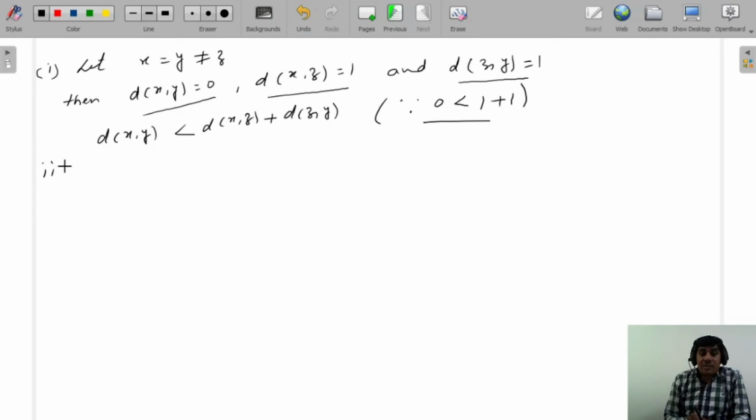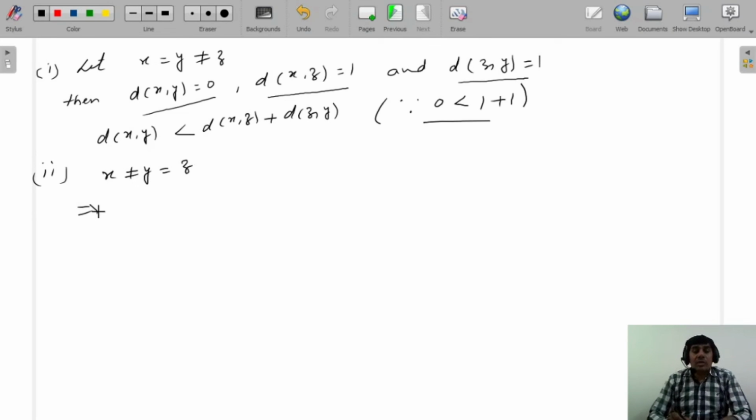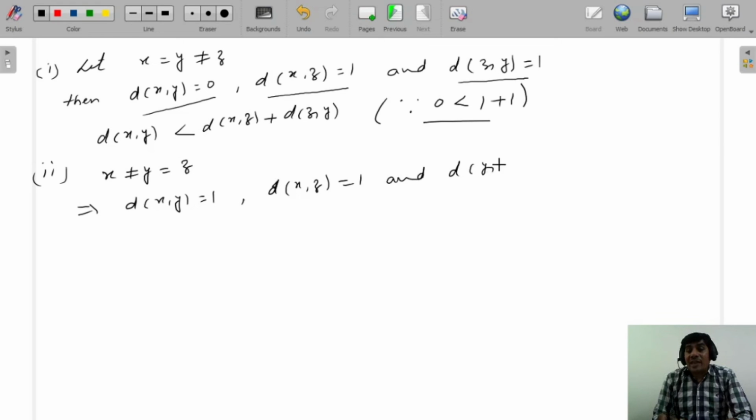Second subcase, x does not equal y equal to z. This implies distance between x and y is equal to 1. Distance between x and z is also equal to 1, and distance between y and z is equal to 0.